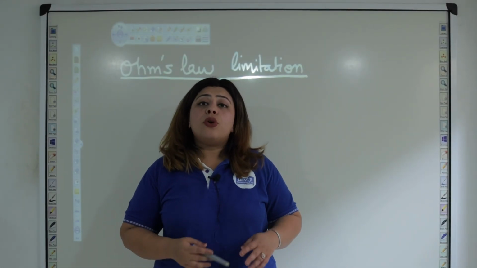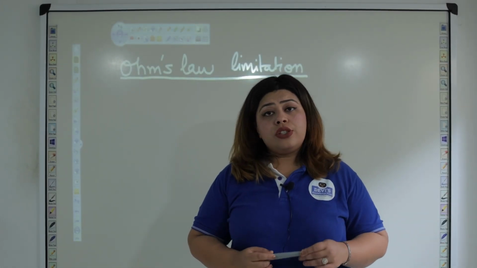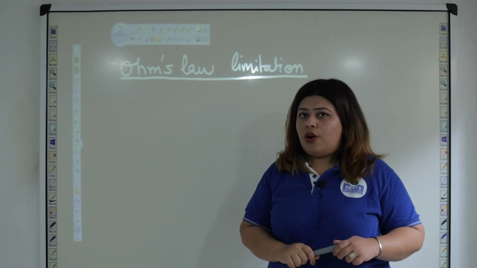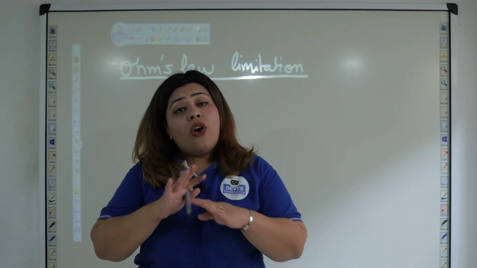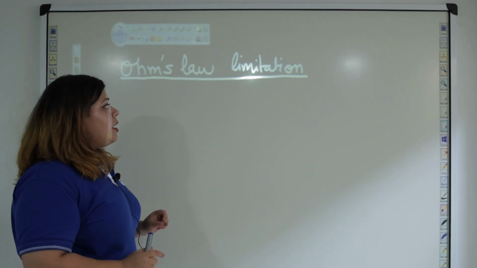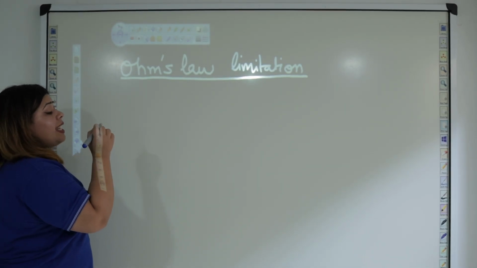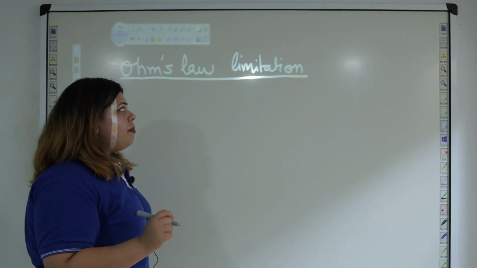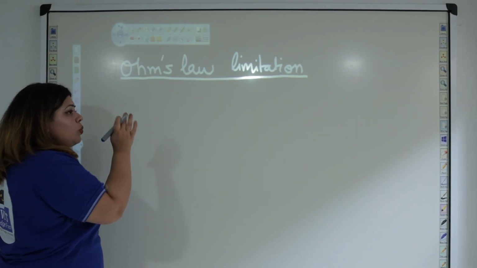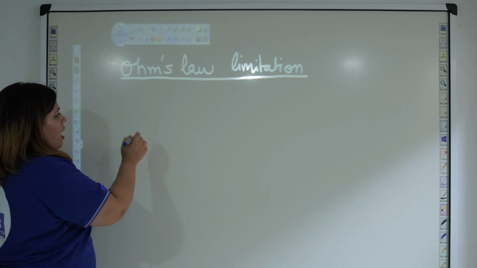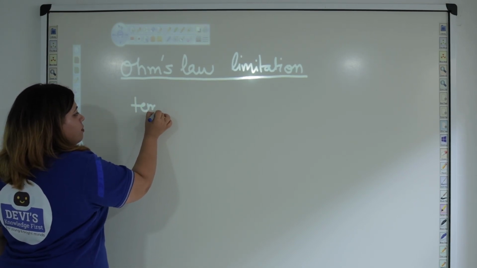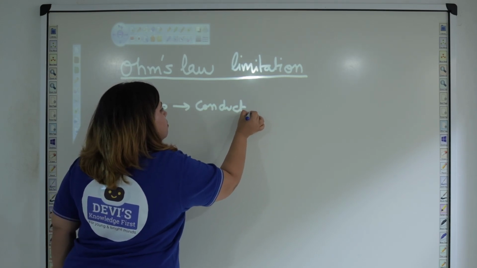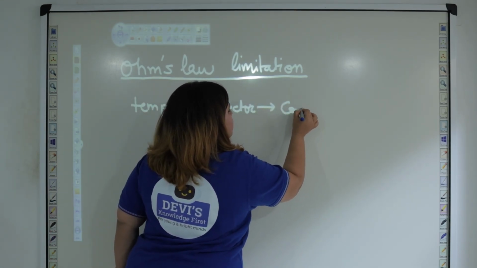As we know what Ohm's law is, and we also know how to find the slope of an IV graph, now we should know the limitation of Ohm's law. Where is Ohm's law not going to be applied? It doesn't apply if the temperature of the conductor is not constant. So the limitation of Ohm's law is that it will be applied only when the temperature of the conductor remains constant.